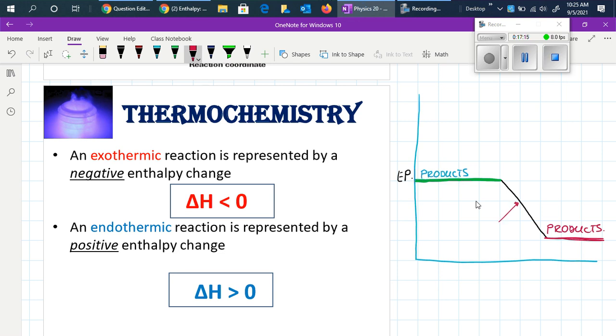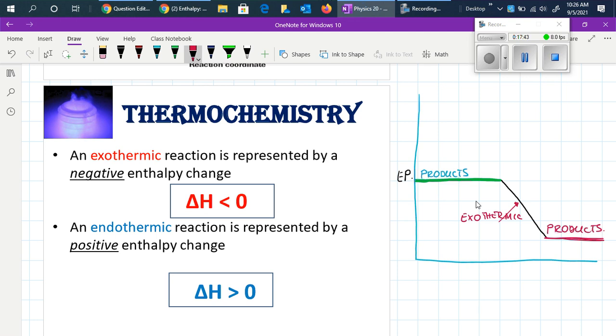This one here is known as the exothermic reaction. Why? Because what is happening is that you are releasing the energy, and we always treat it from the point of view of the system, the chemical system.